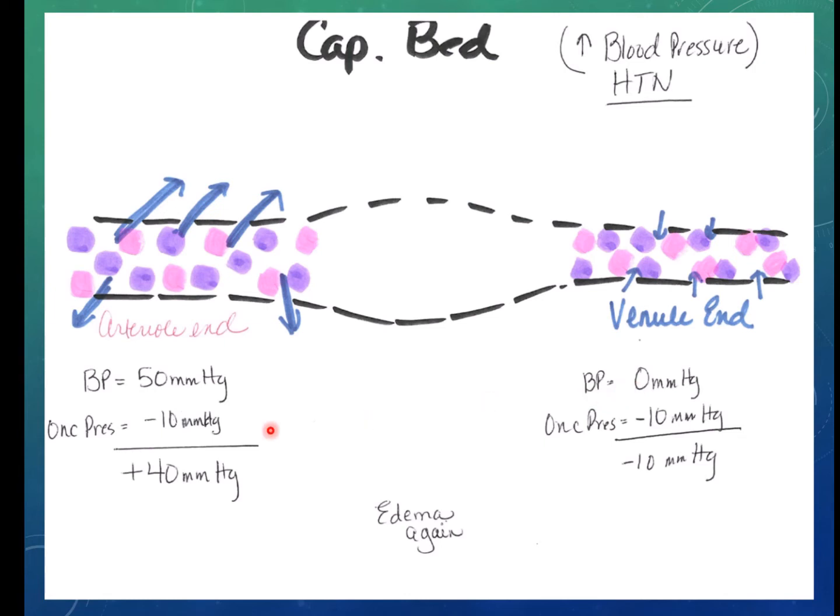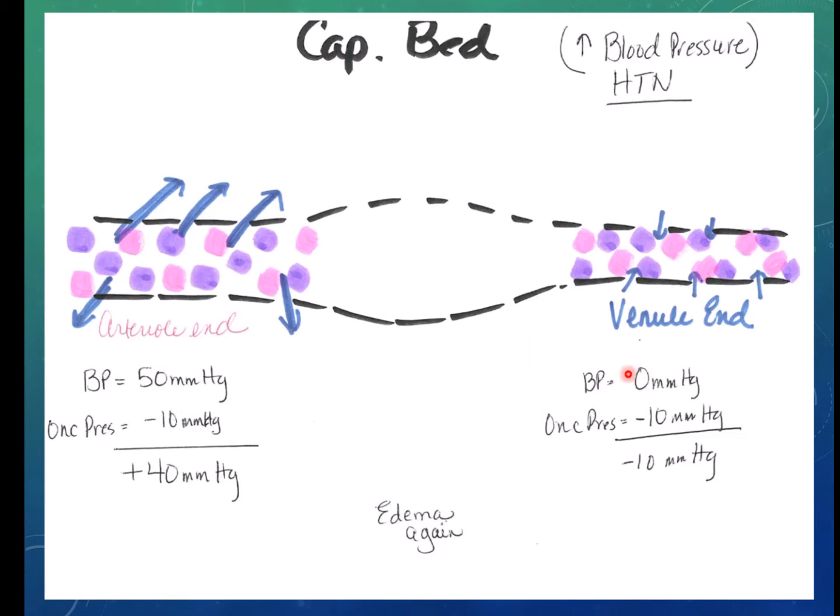So you can see what's going to happen here. With the blood pressure being so high, our net filtration pressure out of the capillary is +40. So you can tell I made my arrows bigger, I made them fatter. That's a lot more fluid exiting that capillary bed on that side.